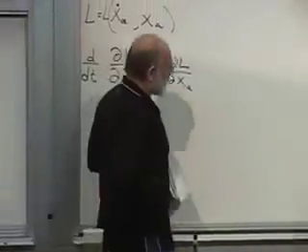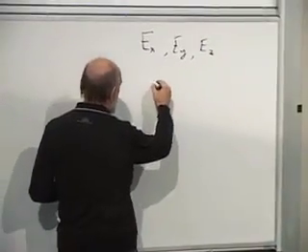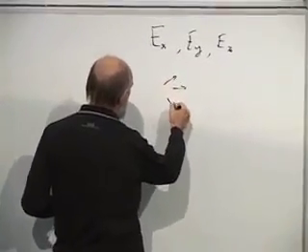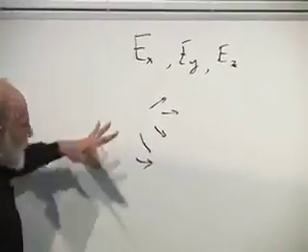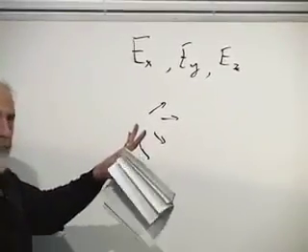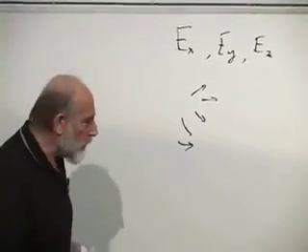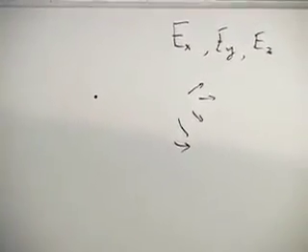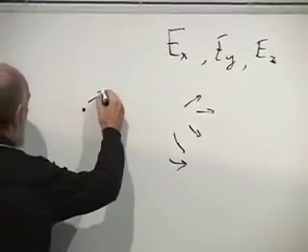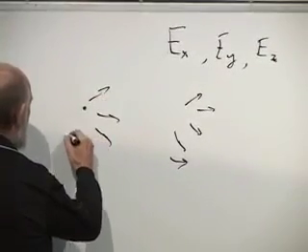Remember, the vector field is a vector at every point in space, and so at every point in space it points in some direction. The divergence is a measure of the spreading of the electric field away from a point. For example, a typical vector field that has a divergence would point away from some point like that. It's diverging.